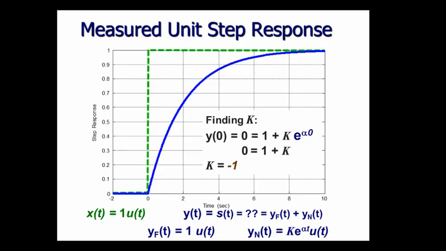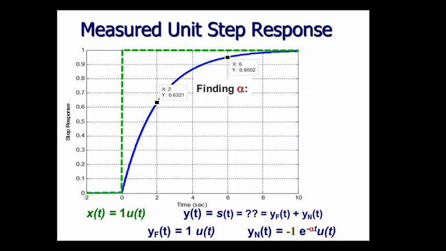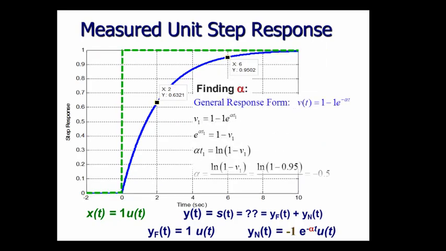Now I want to solve for alpha. Let me plug in either of these two points for y of t and solve for alpha. So if any point is 1 minus 1 e to the, well, that should be plus alpha t, sorry.